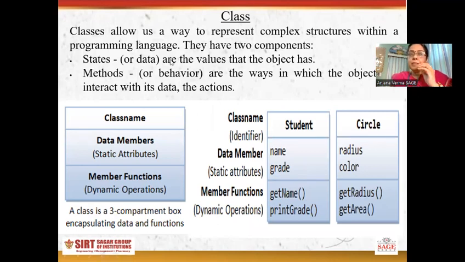Data means static properties, or the values of that class. And behavior means the functions or methods which act on the data.